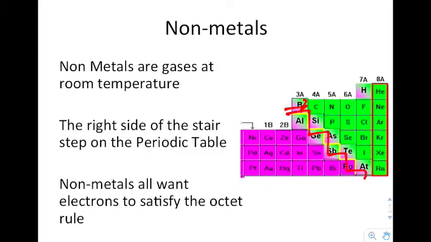But nonmetals all want electrons in order to satisfy the octet rule. If you were to look at nitrogen, nitrogen would rather take 3 electrons than lose 5 electrons. It's easier to gain 3 than it is to lose 5. Fluorine wants to gain 1 electron. It's easier to gain 1 electron than it is to lose 7.